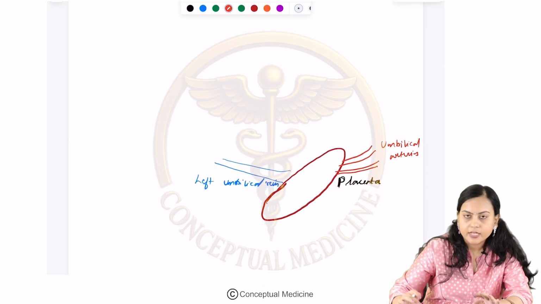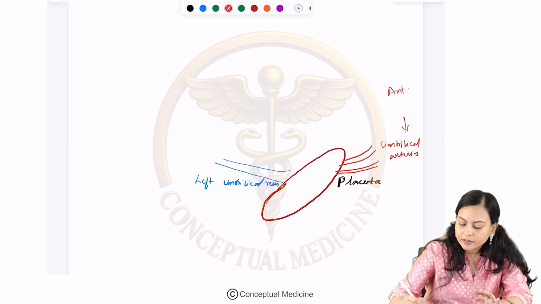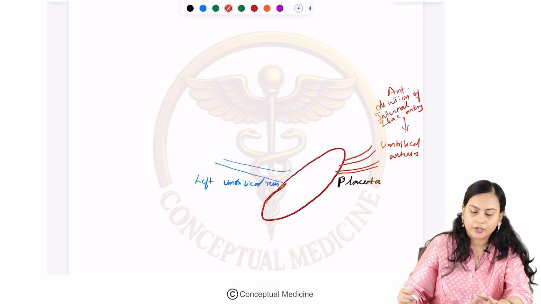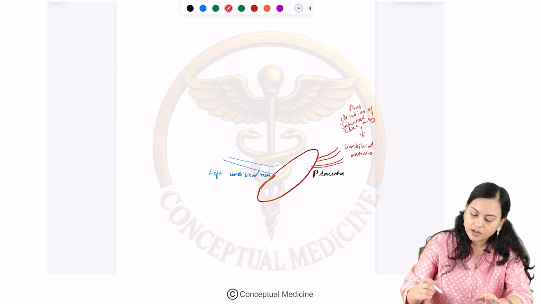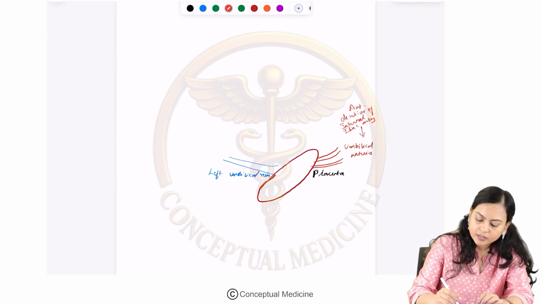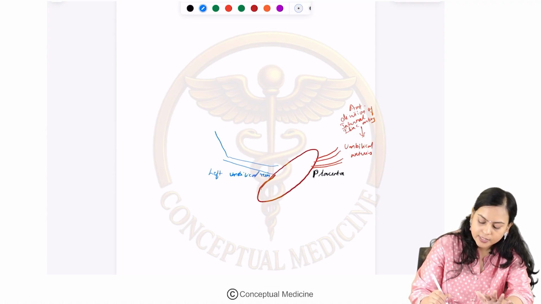Basically, umbilical arteries are the branches of the anterior division of internal iliac artery. Okay. Now what happens is, from the umbilical vein, the blood will pass through the portal system, and we will have the liver there.